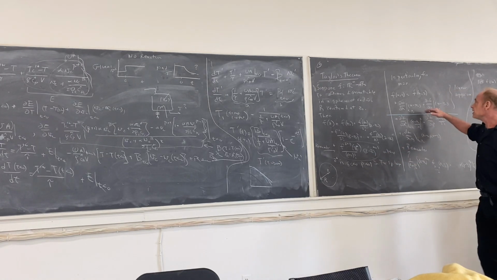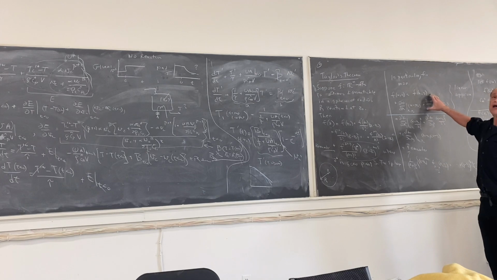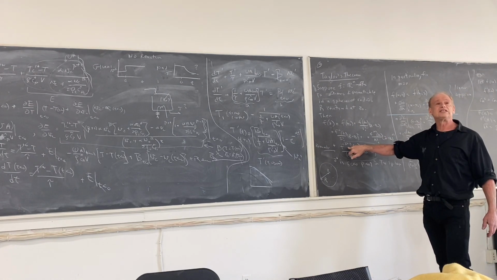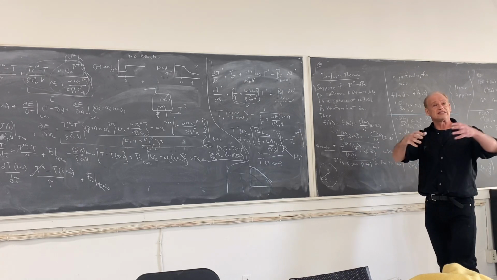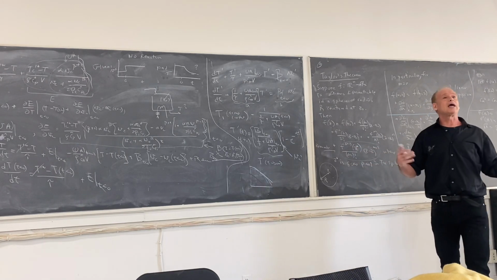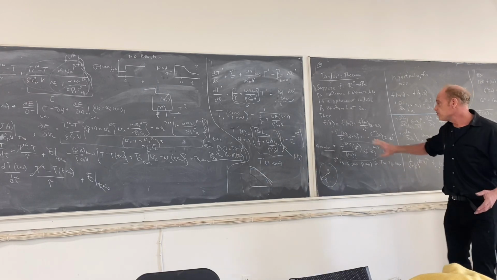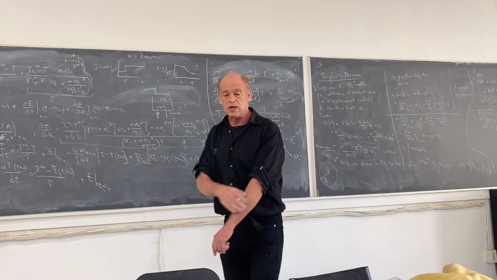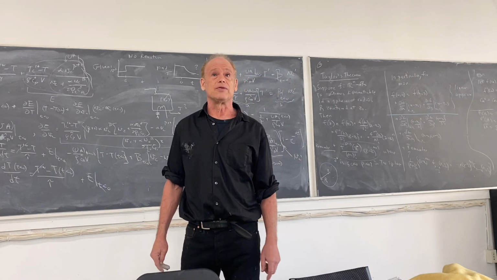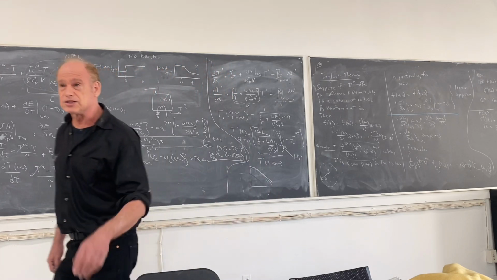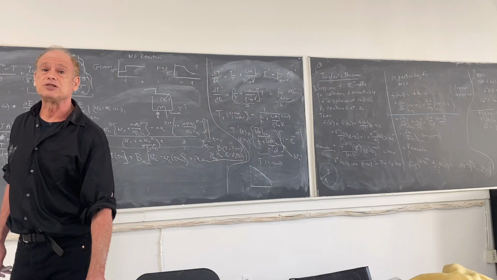If I want to keep the second term less than the first, I have a value for the first derivative, and I know the second derivative as a function of position, so I can see how big a region I can get away with to keep this term much less than this term. So those are ways of dealing with that. Any questions on that?